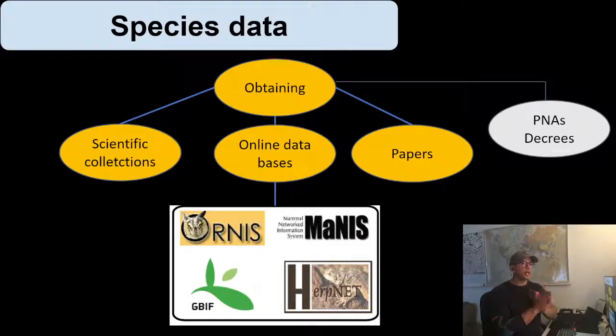Because we needed to have at least 10 occurrences. Yeah, at least that's what the literature still recommends. So this is mostly about the theory behind how they were selected.